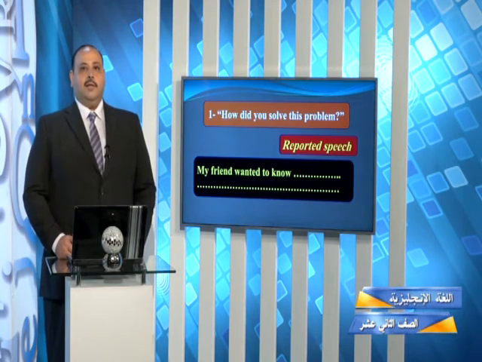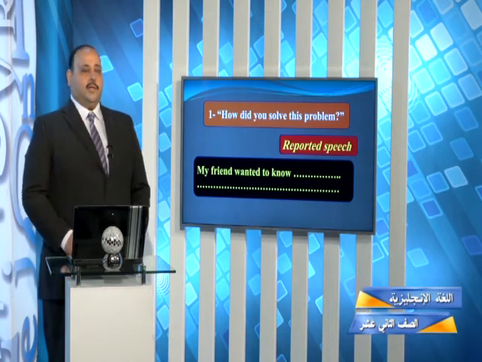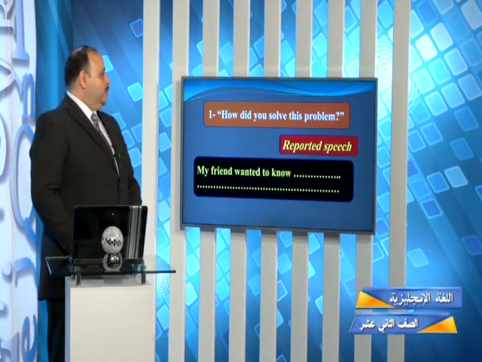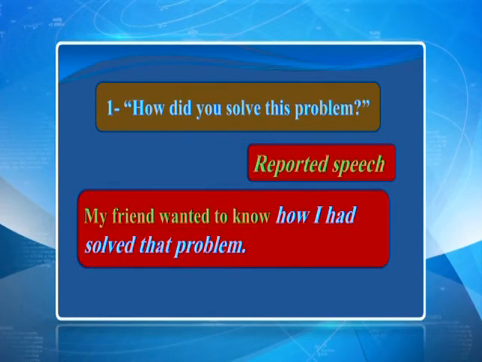Normally, we delete the quotation marks. If it is a question, like here, we use the question word, and you should pay much attention to the tense. If it is present, it normally changes to past, and if it is past, it normally changes to past perfect. Now see: My friend wanted to know how I had solved that problem.